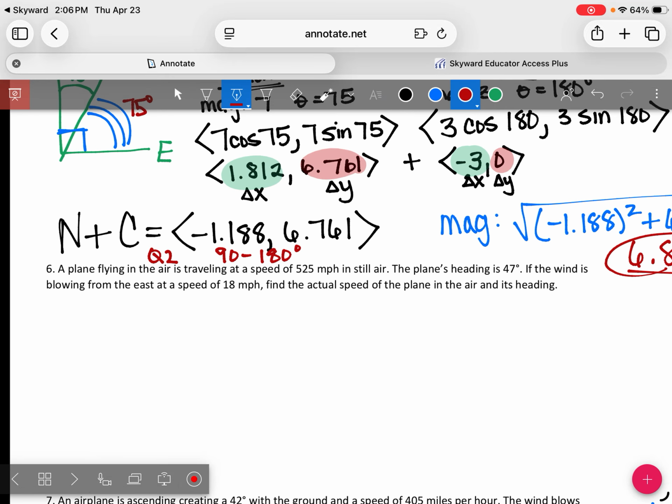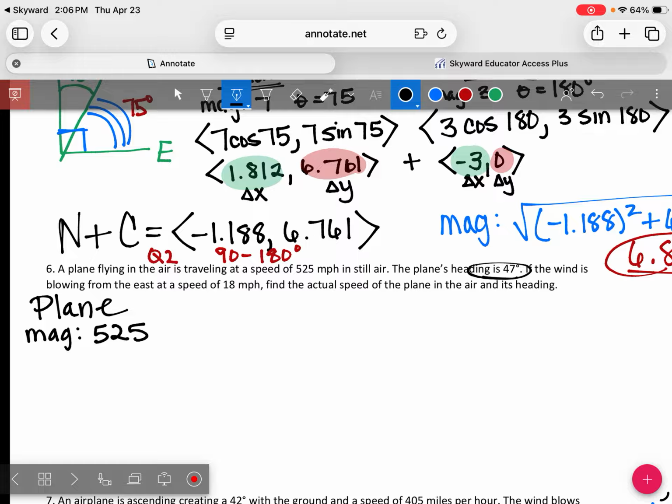Okay. We got a plane flying in the air at a speed of 525. And this plane has a magnitude or speed of 525. It gave me the heading.